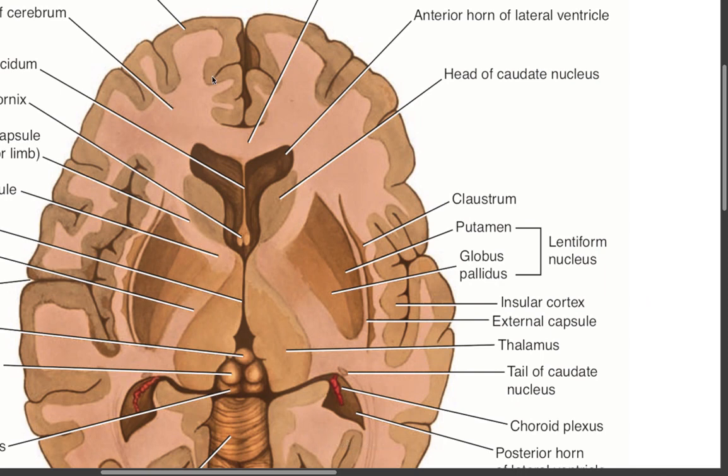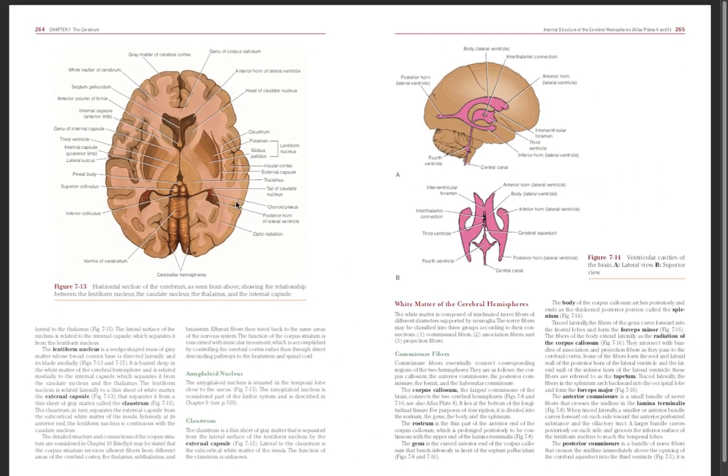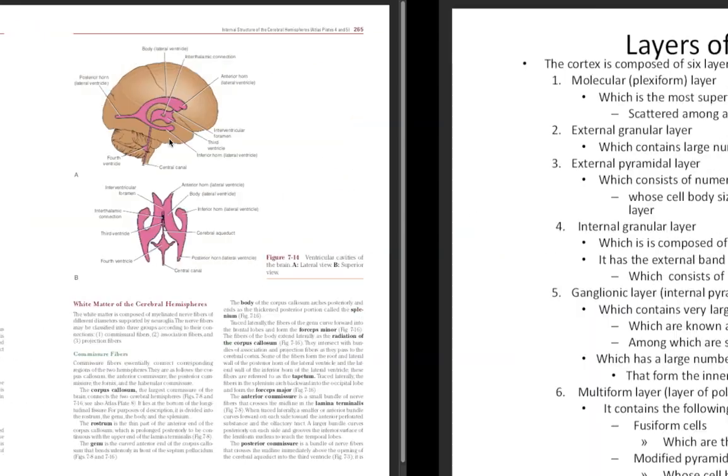The gray matter is going to have a high number of cell bodies in addition to some dendrites and terminal buttons, but the major component is the cell body, and the white matter contains the major component of nerve fibers, or the axons. When I say nerve fibers, it means the axons, okay? And this is why it is white. Why? Because we have myelin sheath surrounding the axons, and as you know, there are lipids in the myelin sheath that will give the white color of the white matter, okay, in the inner core of the cerebral hemispheres, okay?